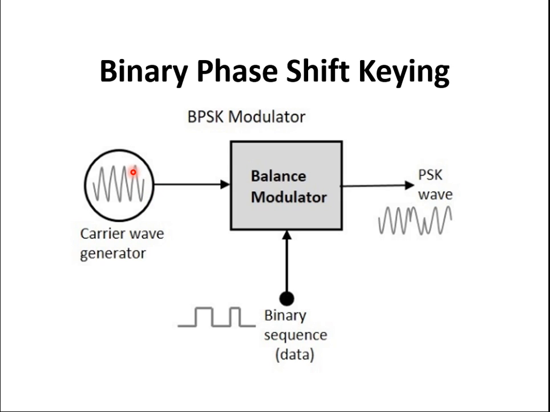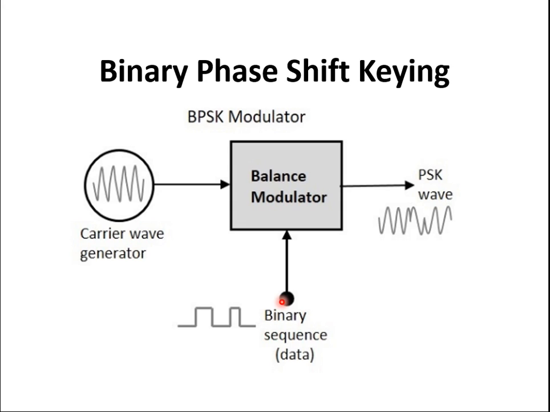For BPSK it is the same, the only difference is that my input signal is digital in nature, that is, binary. So a binary sequence is given as the modulating signal, and the other input is a carrier signal for the balanced modulator. It's simply a product modulator. Don't worry about what exactly a balanced modulator is, if you don't remember all those things. It's very simple: it is a product modulator.